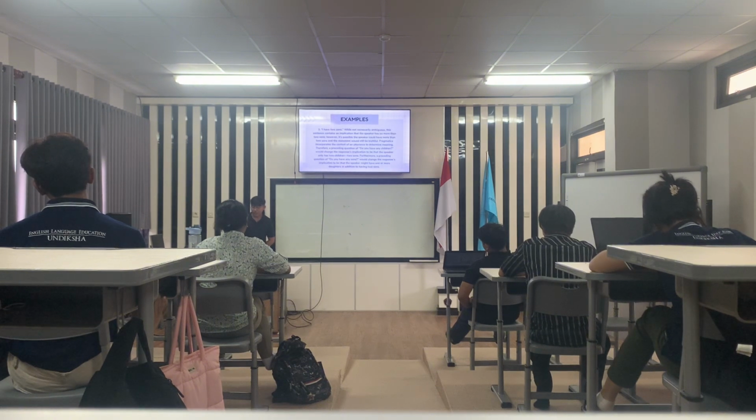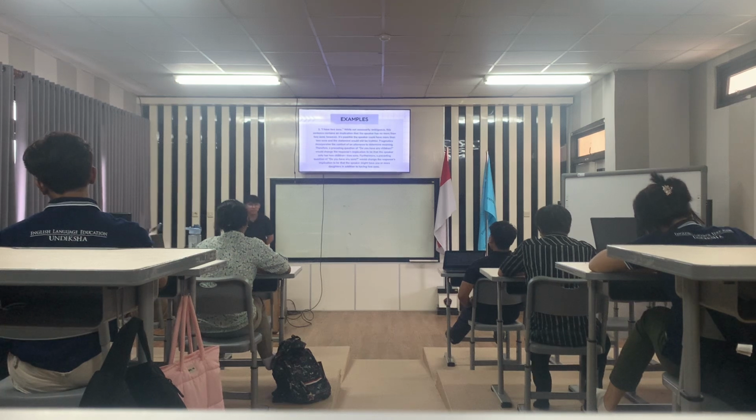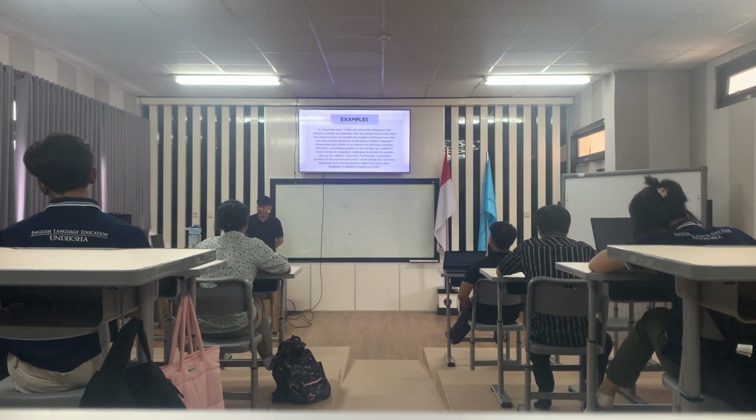Therefore, a preceding question of "Do you have any children?" will change the response implication to be that the speaker only has two children, two sons. Furthermore, a preceding question of "Do you have any sons?" would change the response implication to be that the speaker might have one or more daughters in addition to having two sons.